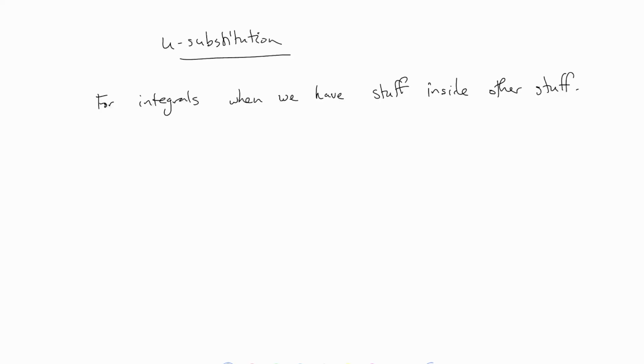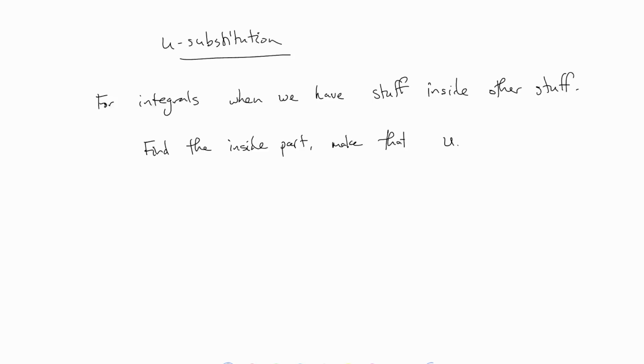That's the typical situation when you use the u-substitution, when you have things that are stuck inside of other things. And the strategy is you find the inside part and you make that u. And then you find the du. There's always a u and a du. You find the inside of something or other, and you make that the u.